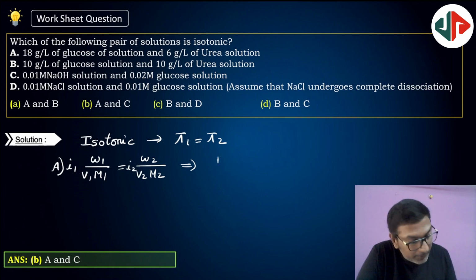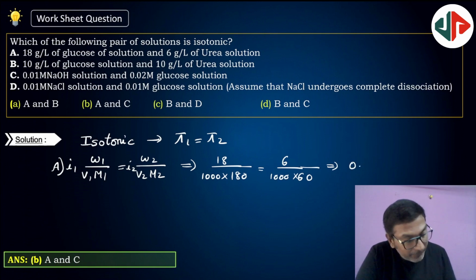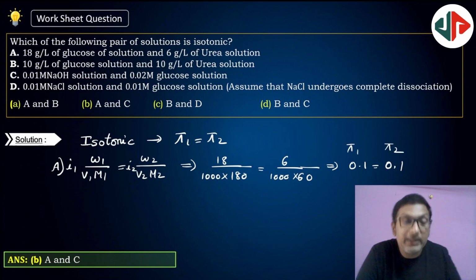Therefore 18 by 1000 ml into molecular weight 180 equals 6 by 1000 volume into 60. So 0.18 by 180 gives 0.1 and 0.1. This is pi 1 and pi 2, both are the same. Isotonic condition.